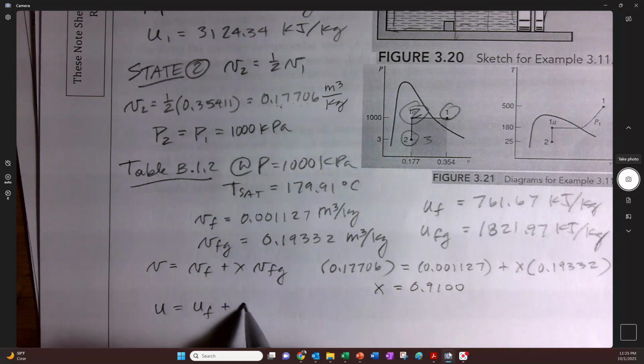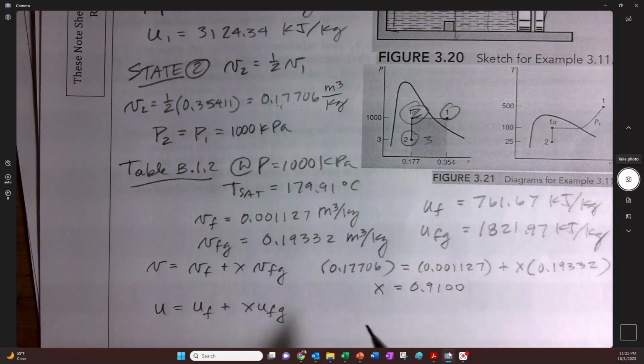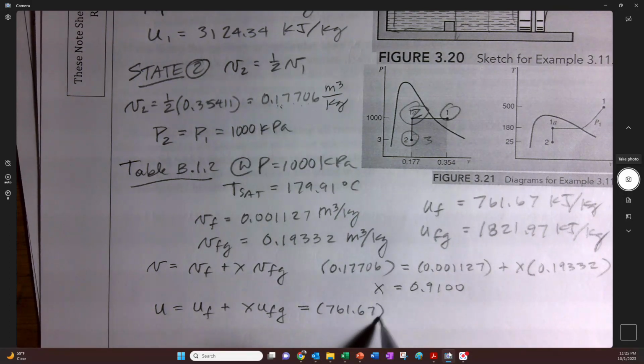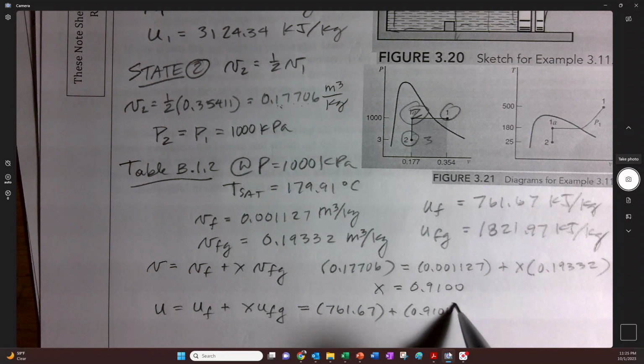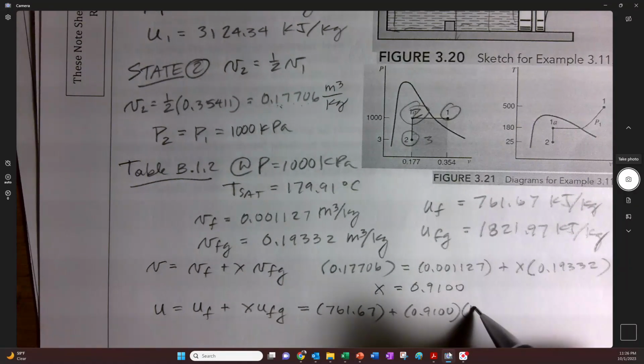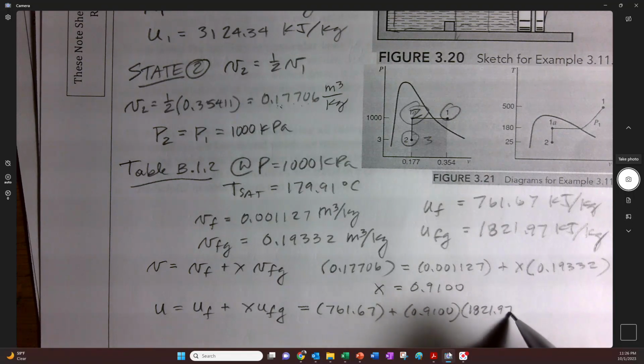So then we can get U, which is UF plus X times UFG. That's 761.67 plus 0.9100 times 1821.97.